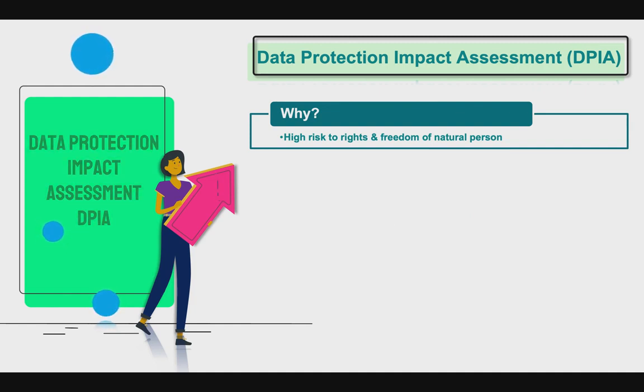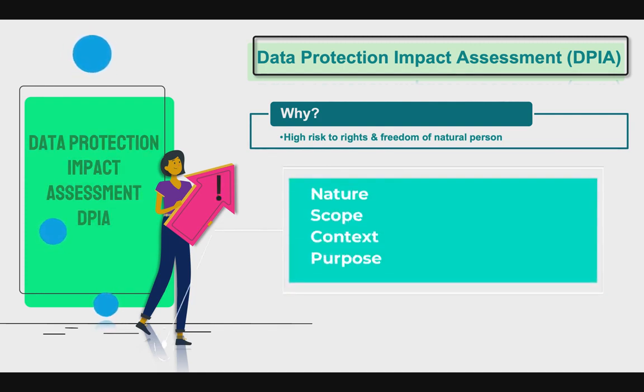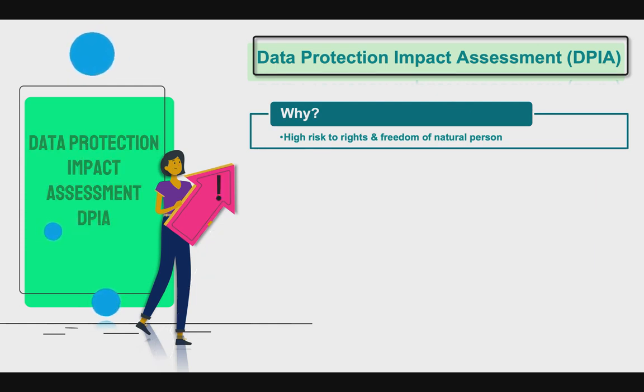For example, you are automating certain processes or building a customized infrastructure or software for specific purposes. Then in this case, the nature, scope, context, and purpose of the processing should be taken into account to determine whether or not it's likely to result in a high risk to the rights and freedoms of natural persons.